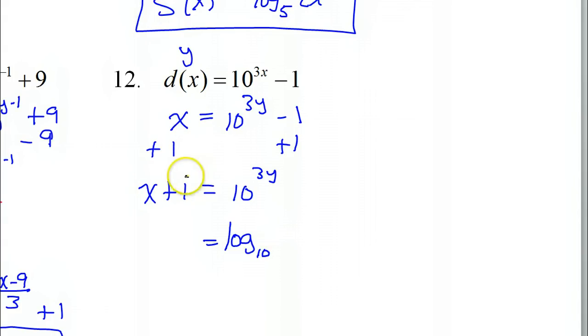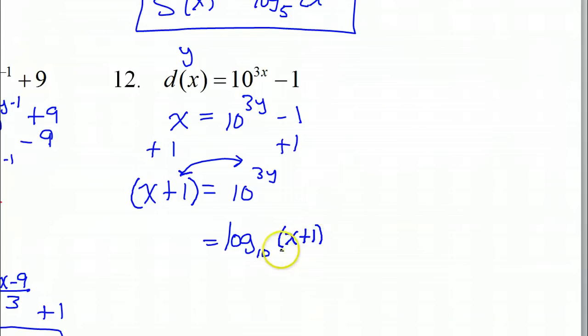Now this is where I need parentheses, because with this x plus 1 over here, I'm not just adding 1 to both sides. This x plus 1 is a package. So it's going to come over here, but when we have the log of x plus 1, the x plus 1 has to be in parentheses, and I'll have the 3y like this.